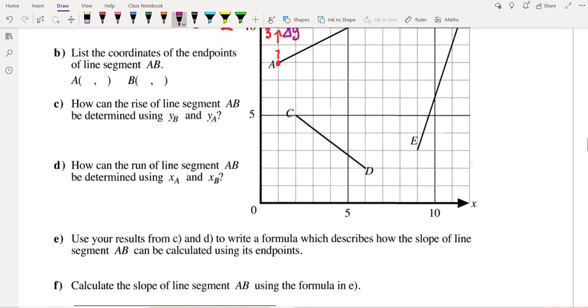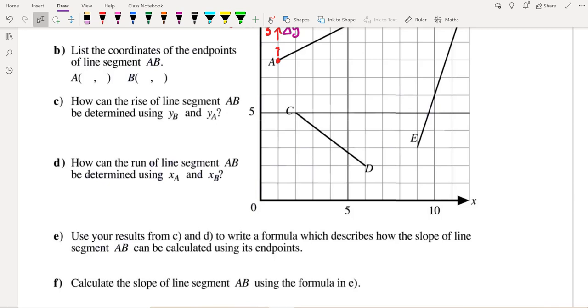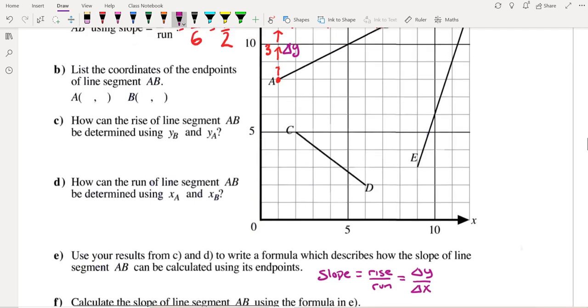So the slope of a line is equal to your rise over your run. And your rise is your change in y divided by your change in x. Okay.